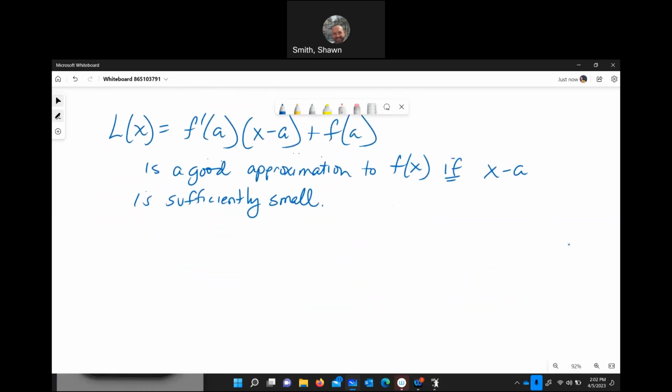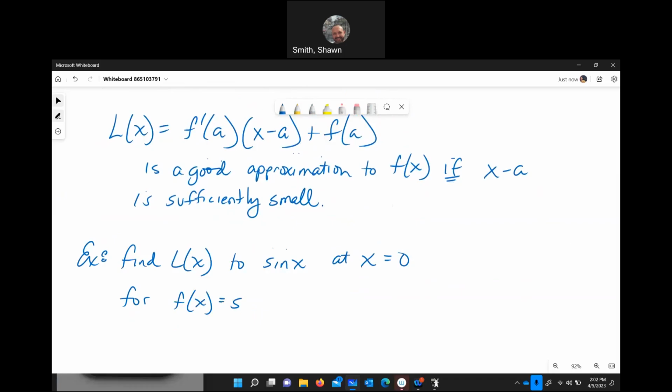Now let's do a trig function. Let's find the linear approximation to sine x at x equals 0, where our f of x is equal to the sine of x.